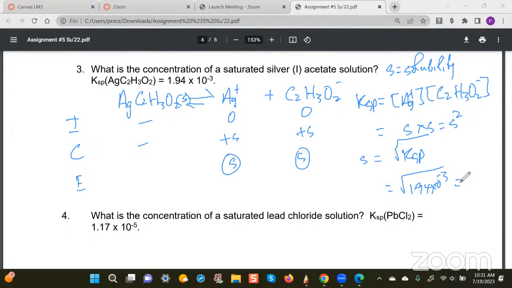According to my calculations, this works out to be 0.440 M. So that would be the molar solubility.